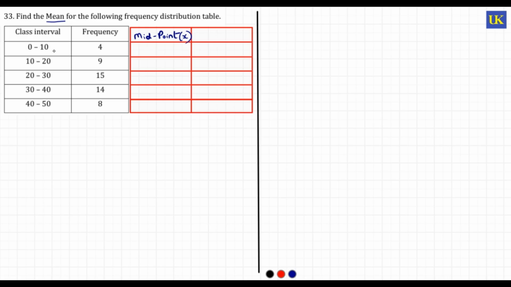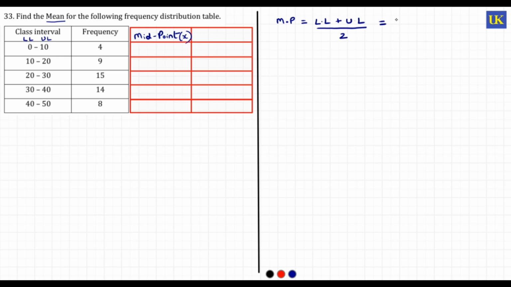The formula for calculating midpoint is very simple. The left side numbers are called lower limits and the right side numbers are called upper limits. To find the midpoint, the formula is lower limit plus upper limit divided by 2.